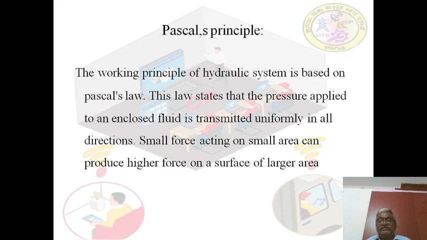Pascal's law states that the pressure applied to an enclosed fluid is transmitted uniformly in all directions. A small force acting on a small area can produce a higher force on a surface of larger area.